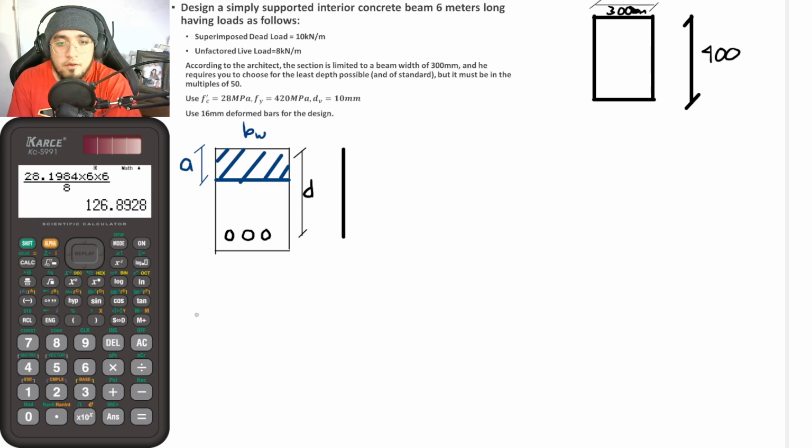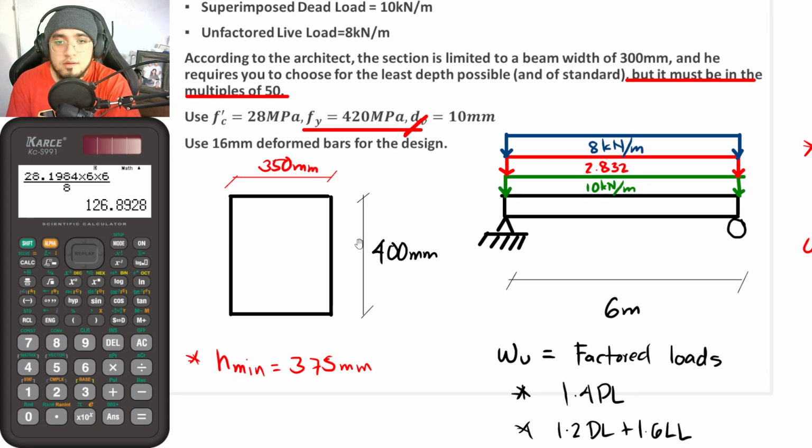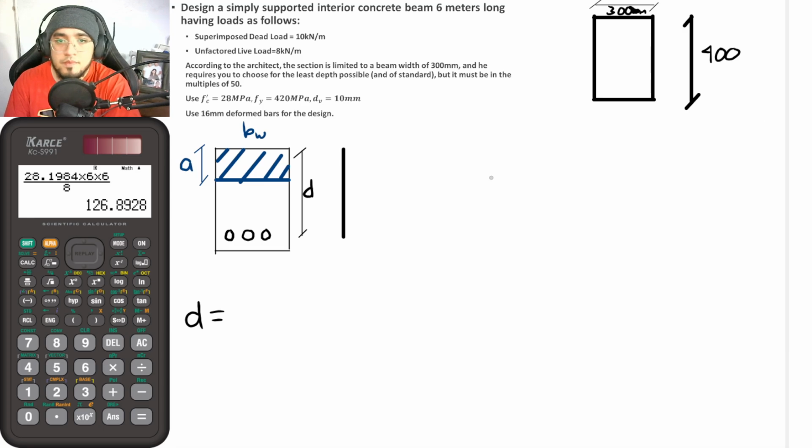So in here, for our D, this is now equal to, so what is the value of H? So the value of H that we have used a while ago, that is 400 mm. So 400 mm minus the concrete cover of 40 mm minus the diameter of the stirrups of 10 mm minus half of the diameter of rebar that we will be making use, and that is 16 mm.